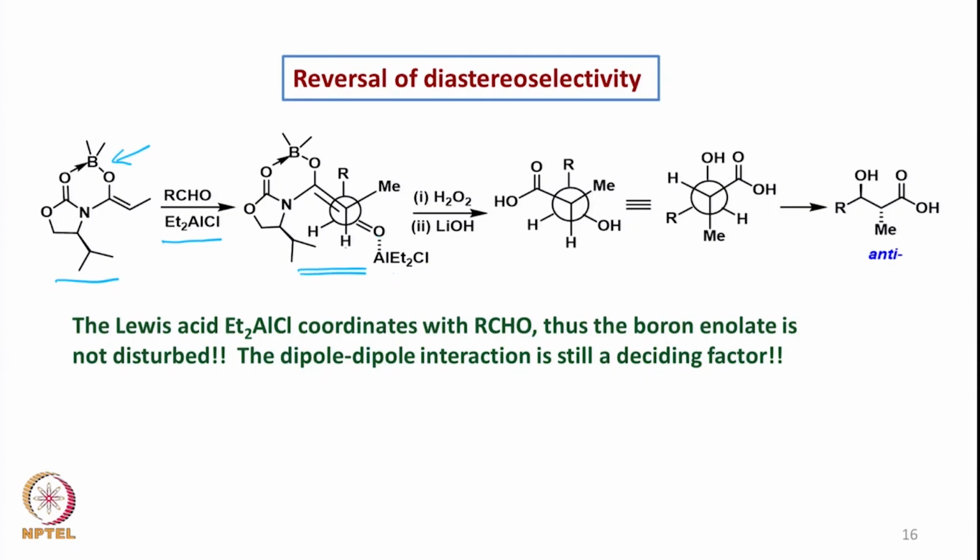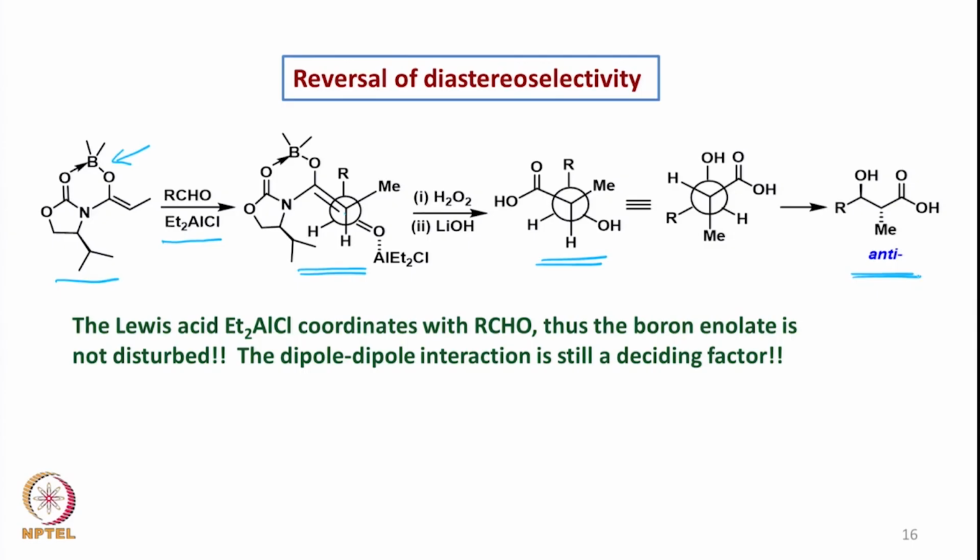When this happens, after the hydrogen peroxide and of course hydrolysis of the auxiliary, this particular part will give the acid, the methyl group is here, R is here, H is here and OH is here. And if we convert this into the final orientation, it would look like an anti-aldol.